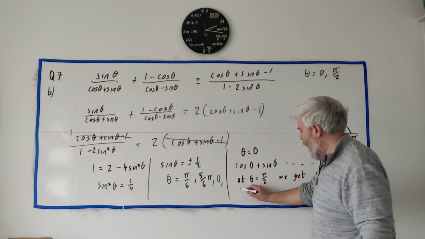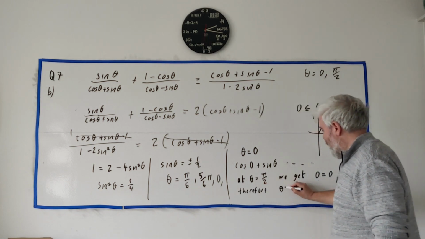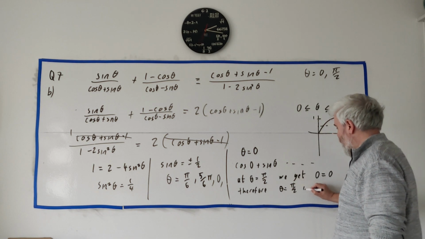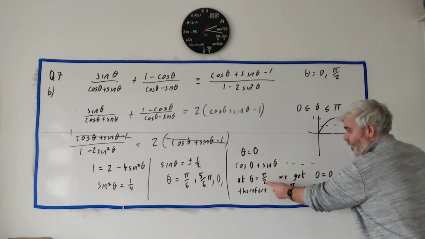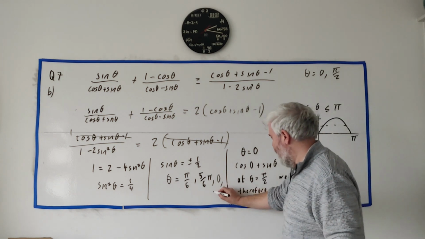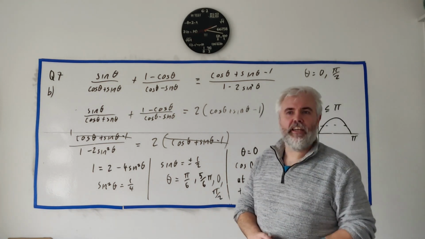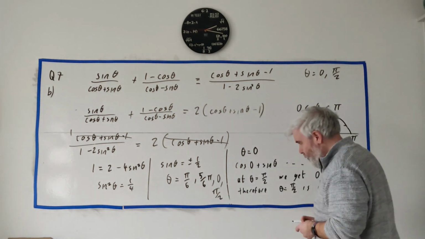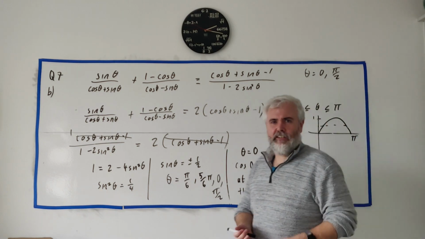Therefore, theta equals pi over 2 is a solution. So something like that. So there's your 4 solutions. I'll add that in over here, pi over 2. Let me check that is how many the answer has. Yeah, 4 solutions there. Okay, I hope that was clear.